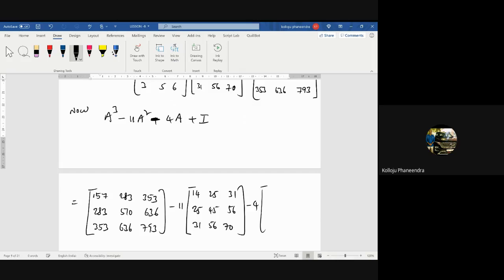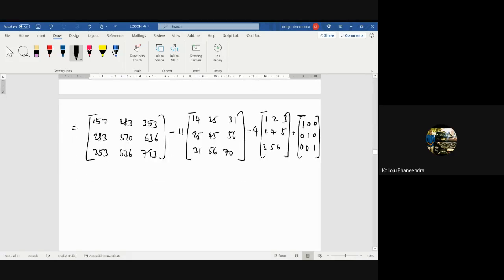Minus 4 into A, 1 2 3, 2 4 5, 3 5 6. This is over. Plus I. What is I value? 1 0 0, 0 1 0, 0 0 1. This is I. If I calculate everything, what do we get? Definitely the zero matrix.